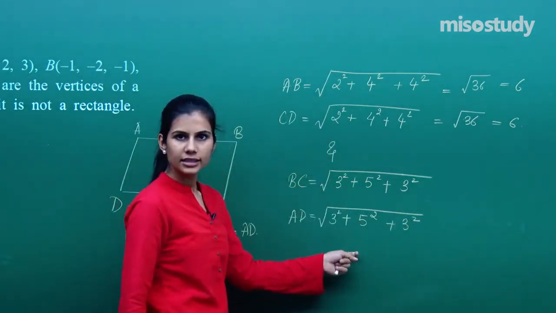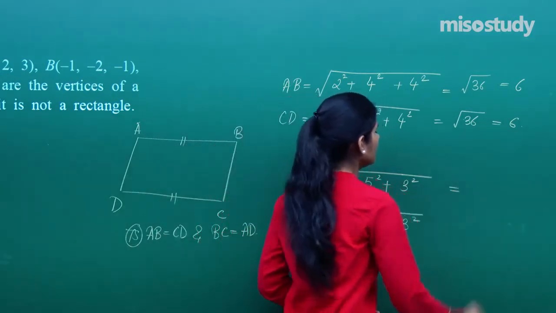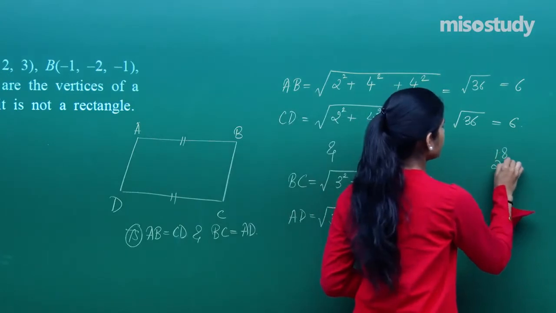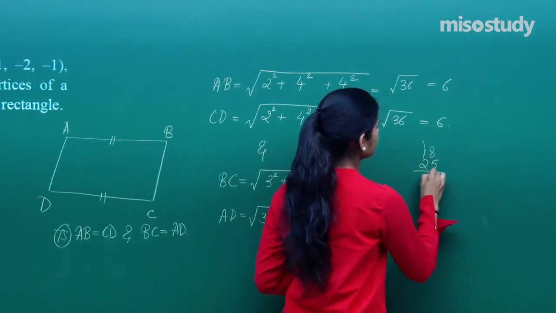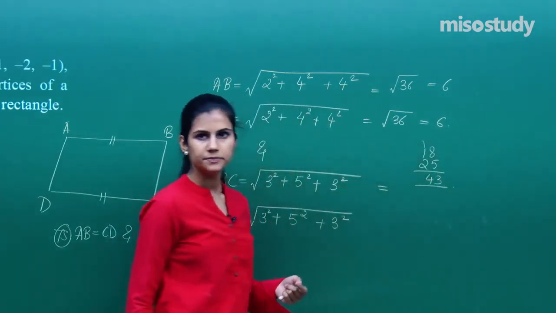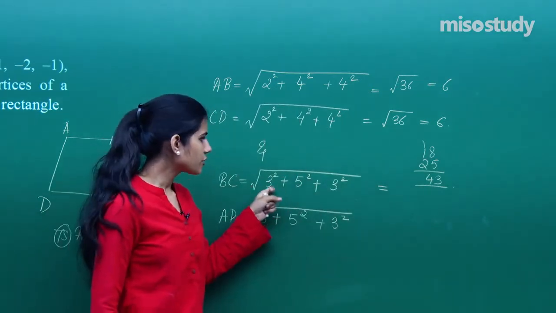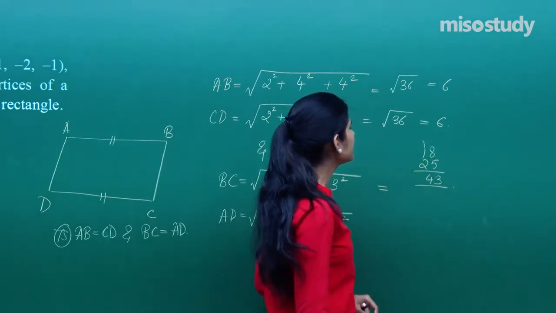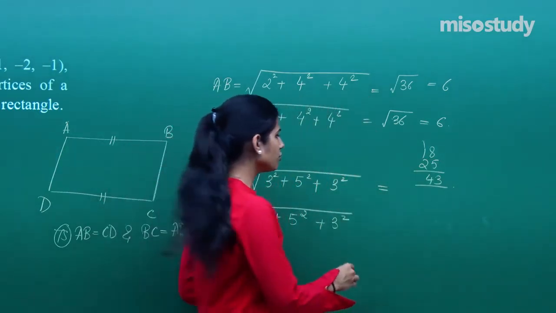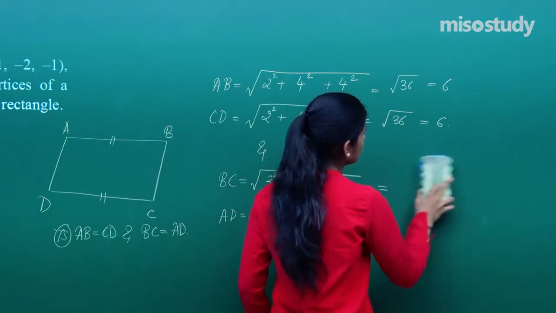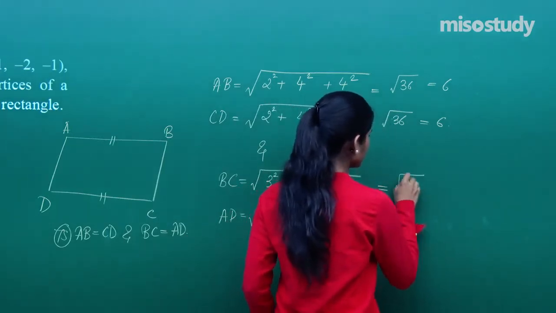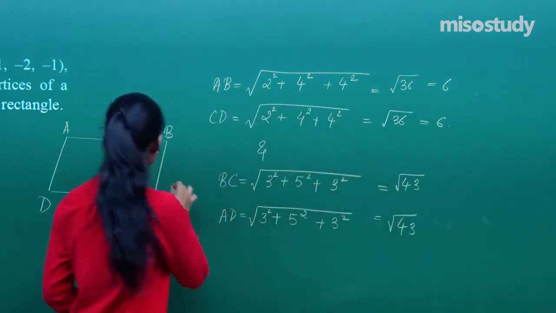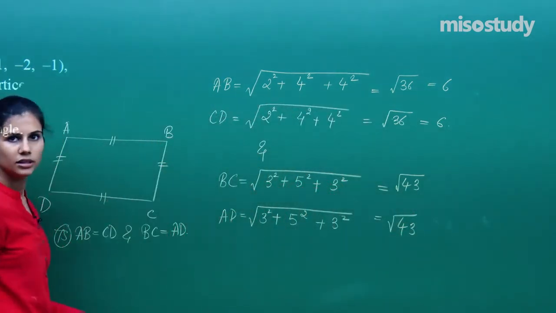You can clearly see it's the same. What is 18 plus 25? 43. 3 square is 9, 3 square is 9, 9 plus 9, 18, 5 square is 25, 18 plus 25 is 43, that is root 43 as the answer here. This is root 43, this is also root 43. So yes, you are getting that these two are also equal.